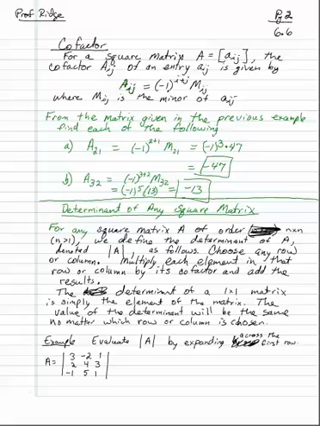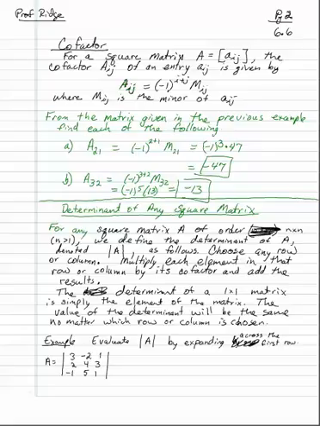The absolute value of A is read the determinant of A in this context. And we define that as follows. Choose any row or column, multiply each element in that row or column by its cofactor, and then add the results of each one of those.